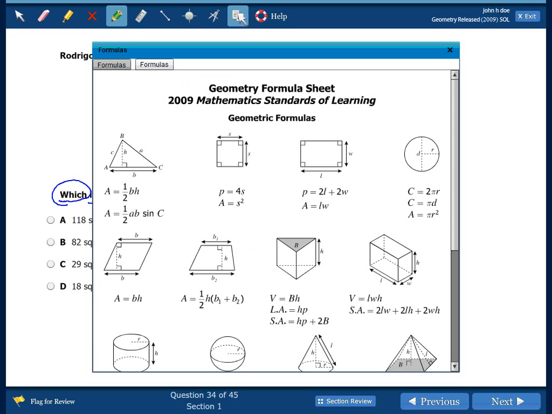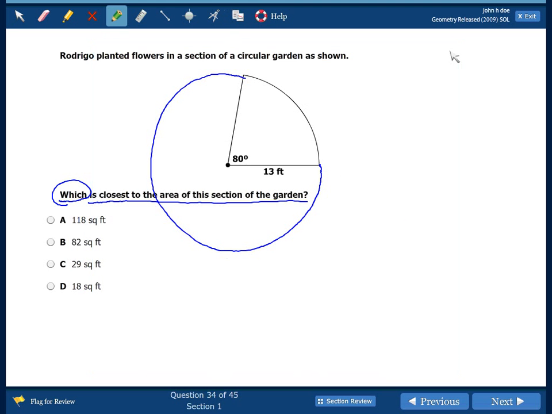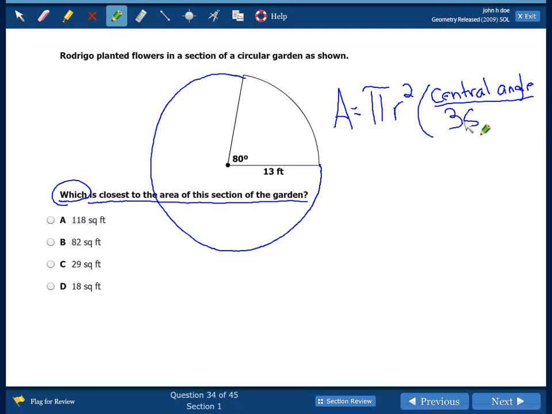So if we go to our formula sheet, we're going to find the area of the circle, pi r squared. And since we're not finding the entire circle, we're going to multiply it by the central angle over 360. So the central angle is 80 degrees, the radius is 13.